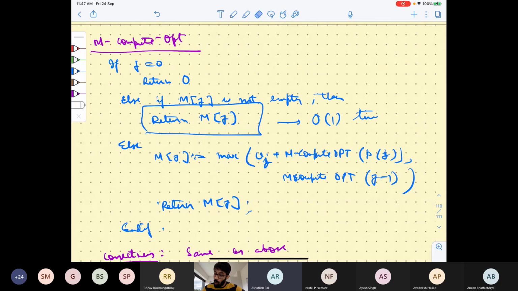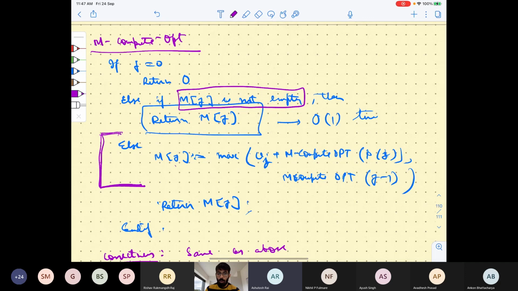So recursive calls are happening only if the algorithm goes here in this else part, right? And when does the algorithm go here in the else part? If M[j] is empty, right? So any ideas how we can now say something?